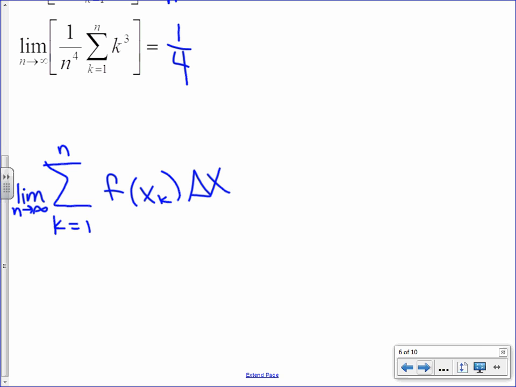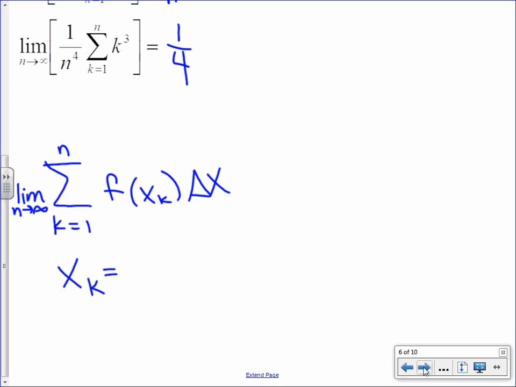Okay? So we need to talk about a couple things. Let's talk about what x of k is. That's whatever the input number is when you plug in. We need to find all of our heights, right? So where do we start with our heights?